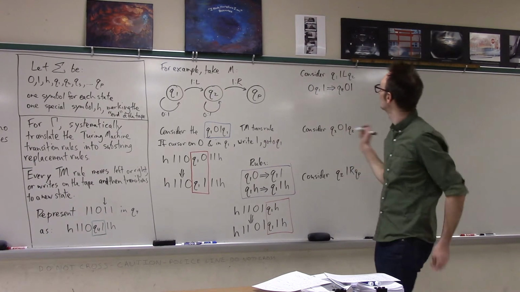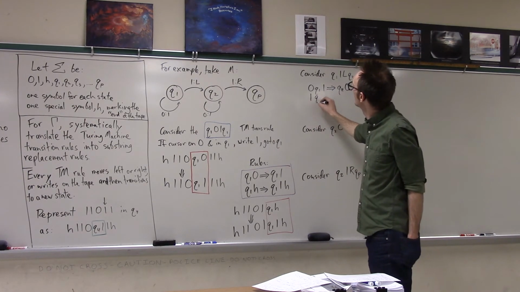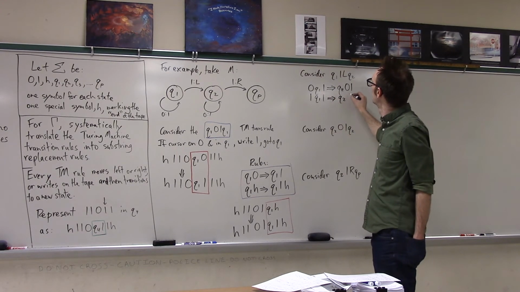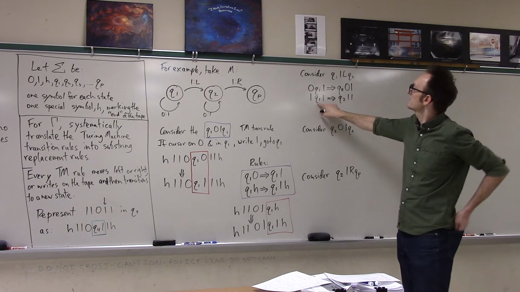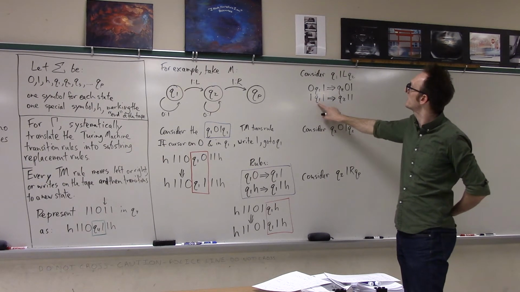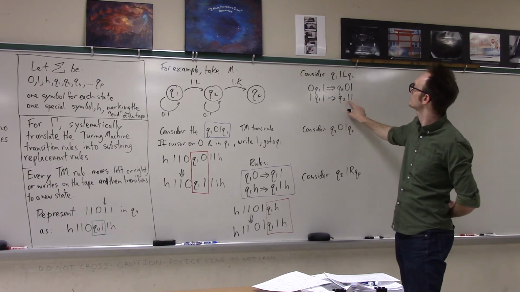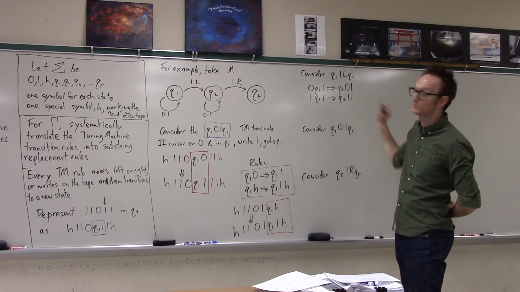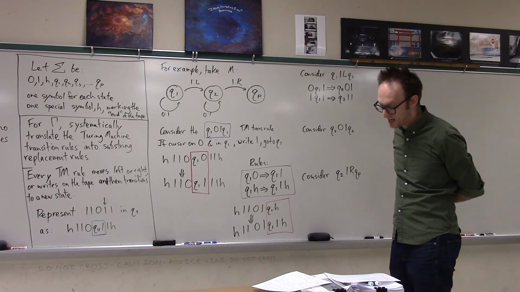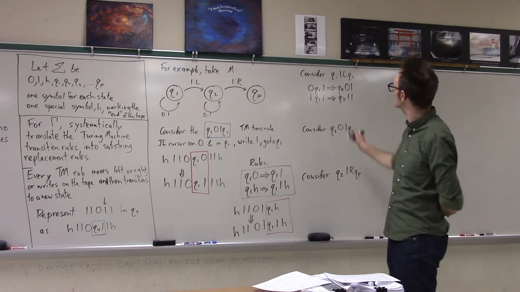That's what it means to move left. Boom! That's one rule. What's another rule? Well, the exact analogous one: 1 Q1 1 should go to Q2 1 1. In other words, if I'm in state Q1 and my cursor is on a 1, but there happens to be a 1 to the left of me, I'm supposed to move left. When I move left, now I'm in state Q2 and my cursor is on the 1 that was to the left of me. Then there's one more technicality: anytime I'm moving left, I have to worry about possibly being at the edge of the tape.